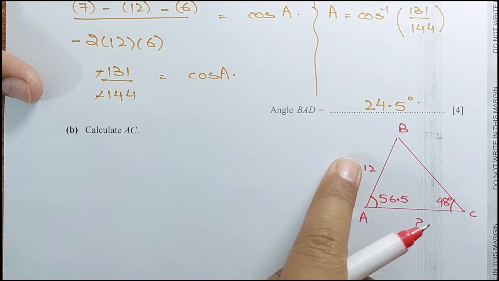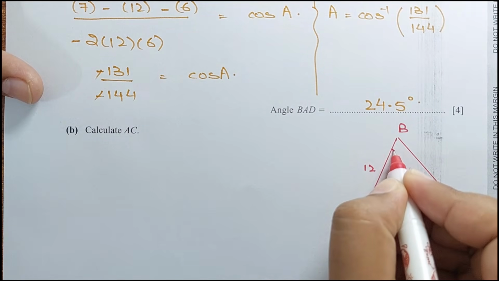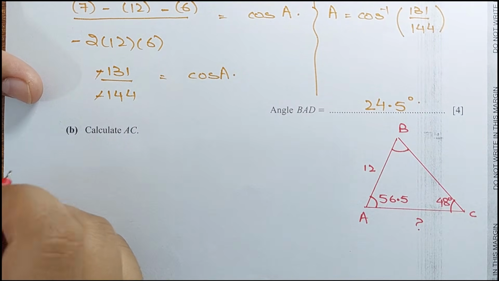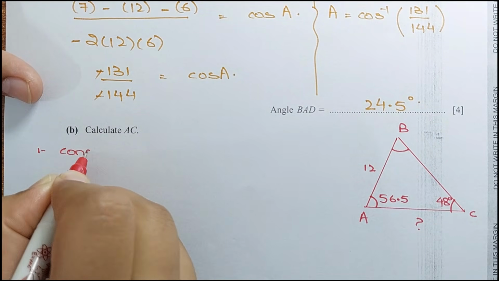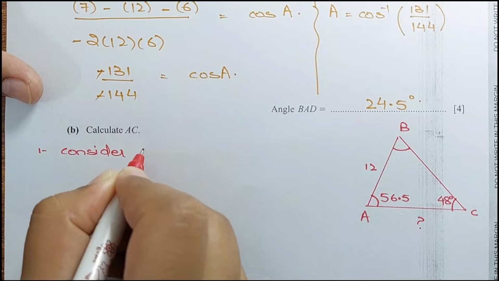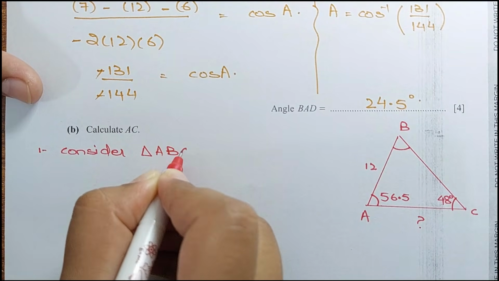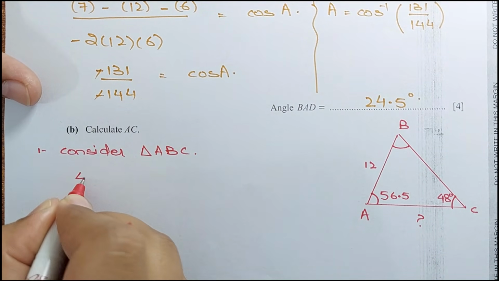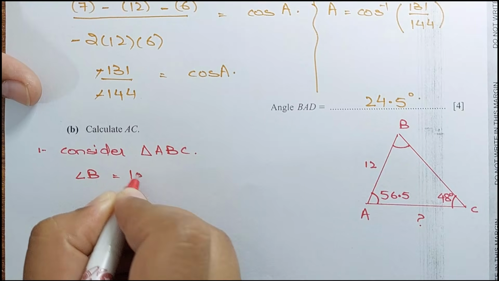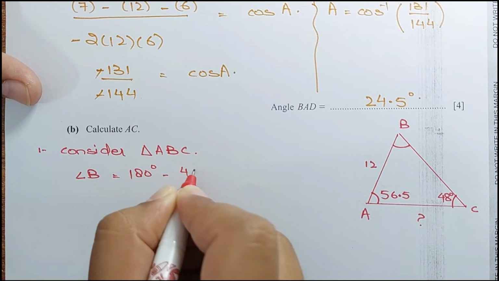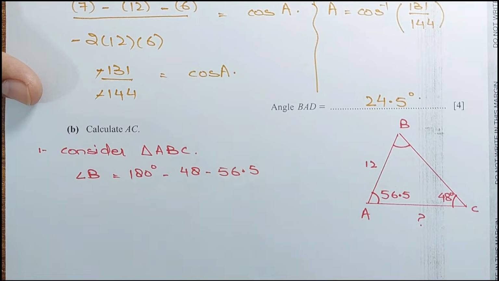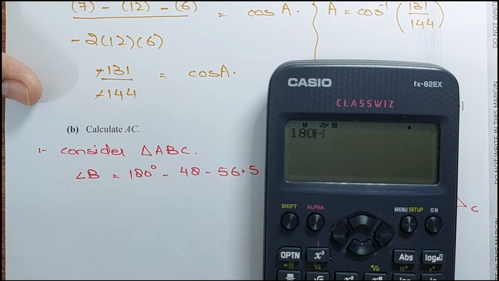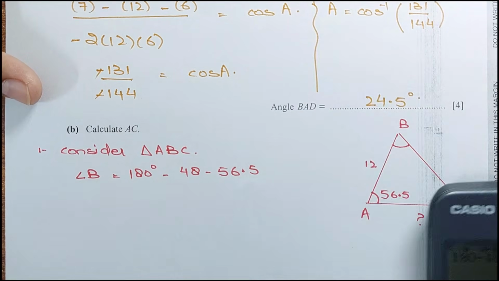This angle and the front. First we need to measure angle B by doing the sum of all angles of a triangle. The first step is to consider triangle ABC and figure out angle B. Angle B is basically from 180 degrees, you have to subtract 48 and subtract 56.5. 180 minus 48 minus 56.5 equals 75.5.